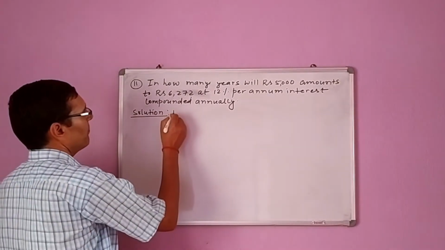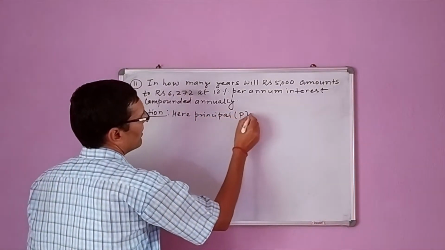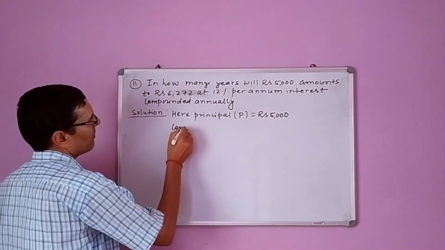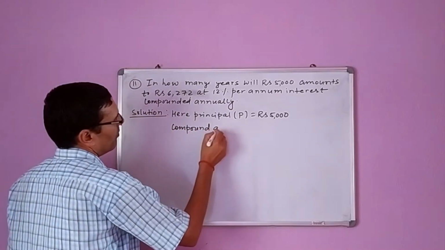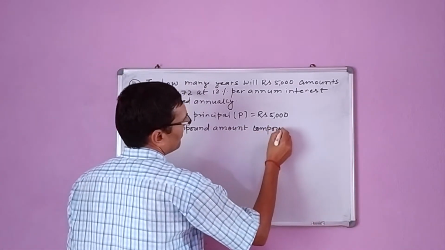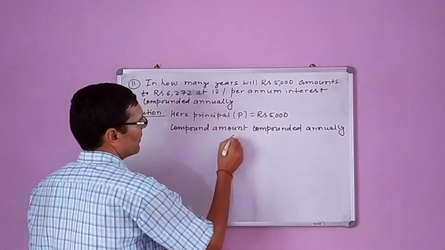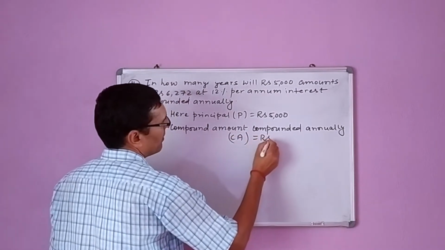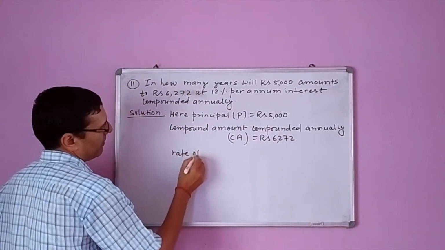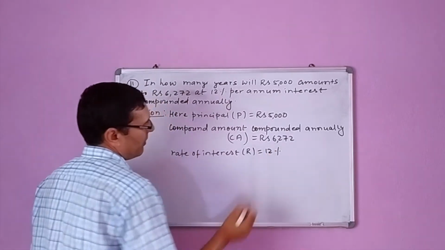So here we have principal P is equal to rupees 5,000, compound amount compounded annually, CA is equal to rupees 6,272, and rate of interest R is equal to 12%.